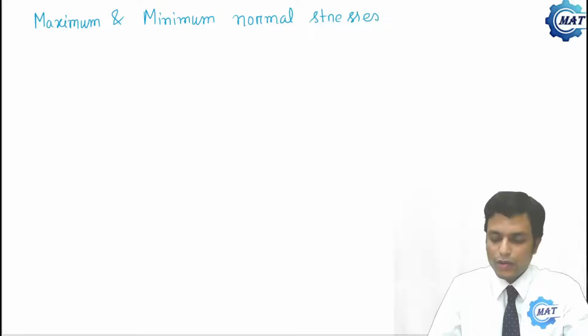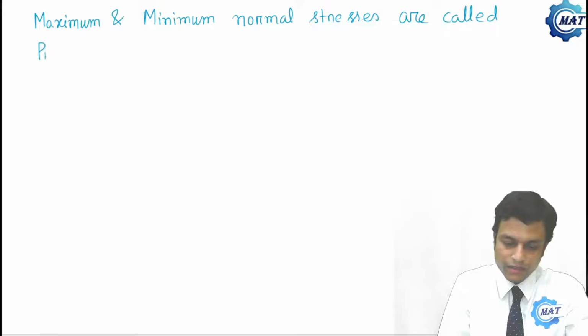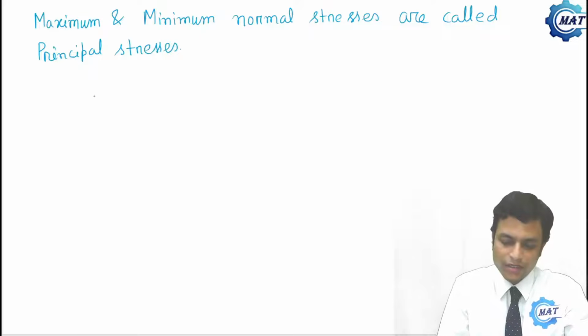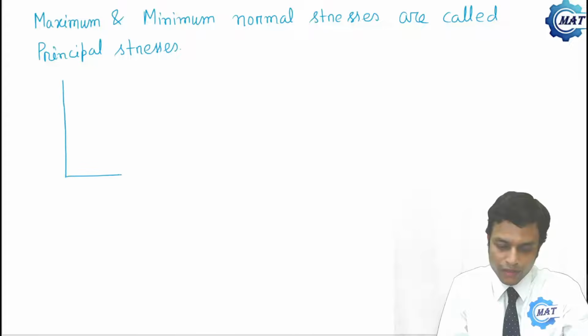Maximum and minimum normal stresses are called principal stresses. Now let us find the value of principal stresses from Mohr circle. So first of all, let me draw the Mohr circle.